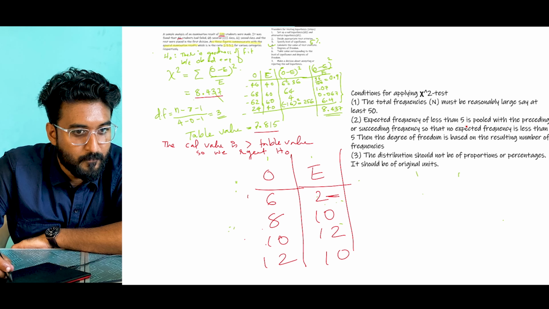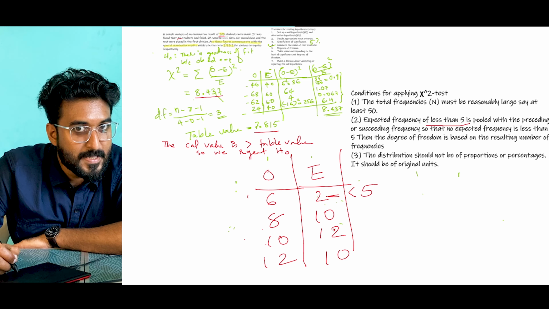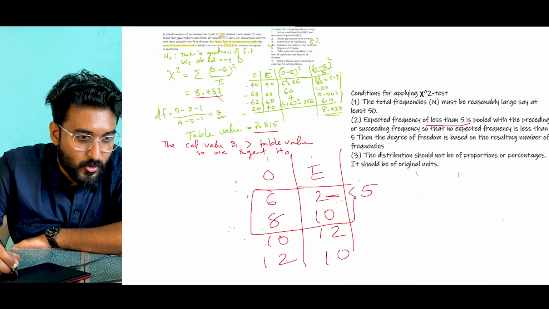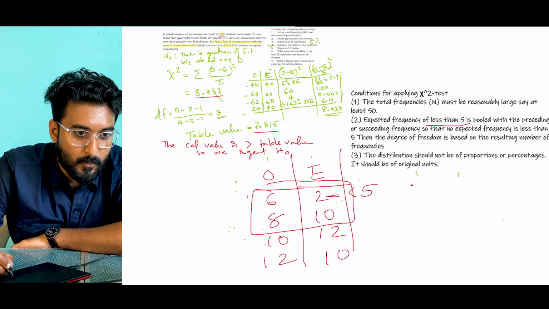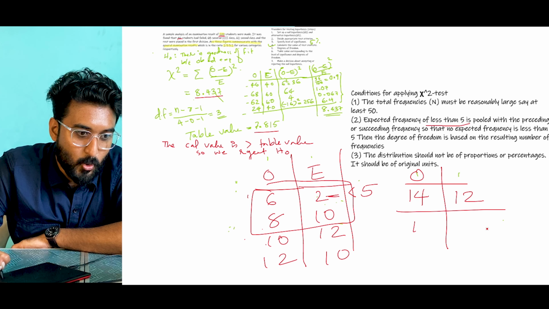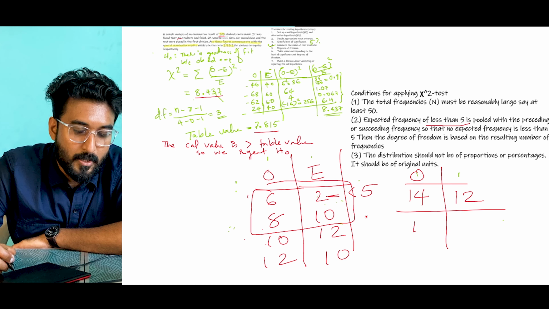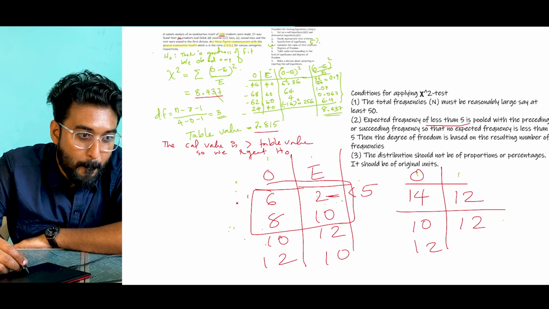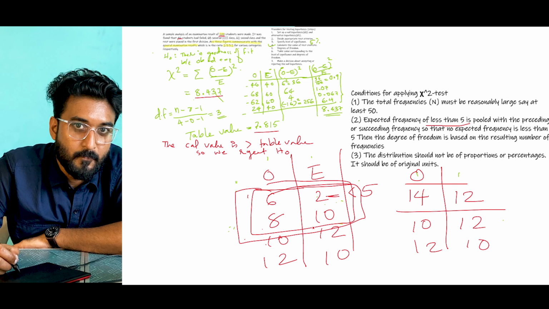Clear? Then you add these two rows. This will be observed frequencies like this: 8 plus 6, 14, 10 plus 2, 12. Remaining are the same: 10, 12, 12, 10. The problem is here this is less than 5, so we must combine these two rows.